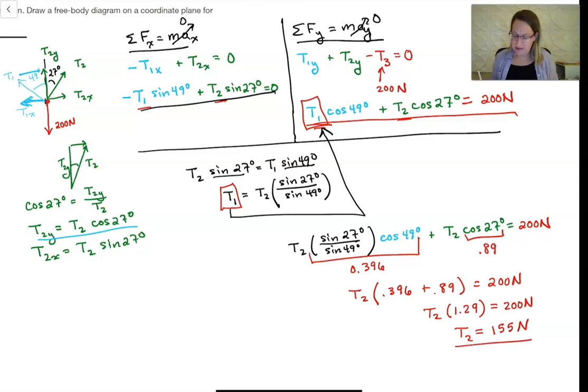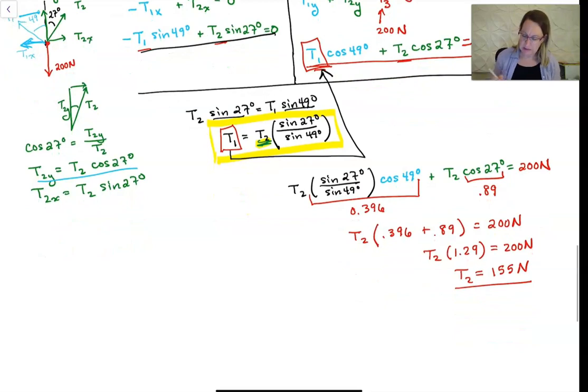Once I have my T2, I can use this equation one more time, and I can plug in T2 right here and multiply it by sine 27 over sine of 49, and get that T1 is equal to T2 sine of 27 over sine of 49 degrees.